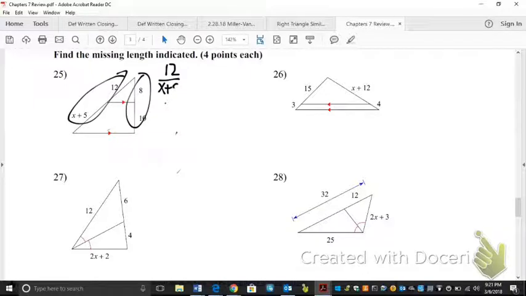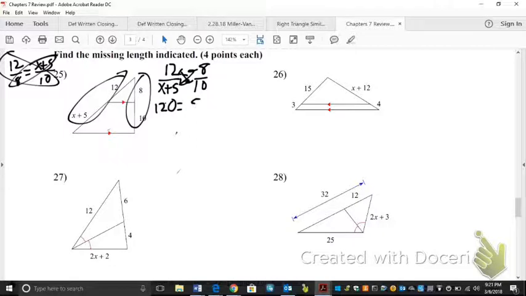I'm going to relate those two. So I'm going to go 12 over x plus 5 equals 8 over 10. Now notice here, if I had decided to go left to right instead, so compare these two right here, what would happen is I would end up with 12 over 8 equals x plus 5 over 10. Either way, when I cross multiply, I'm going to end up with the same thing. 12 times 10, or 120, equals 8 times x plus 5.